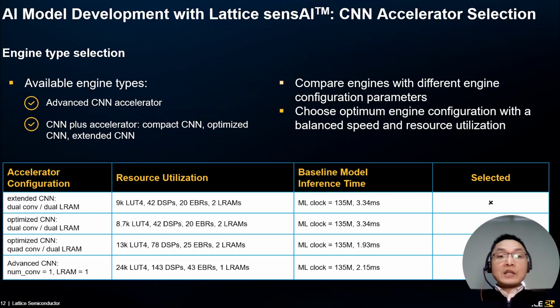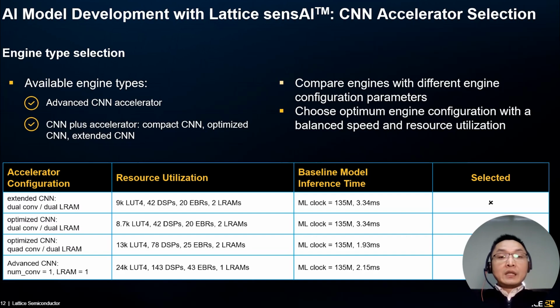In our color sorter AI solution design, we prepared engines with different configuration parameters by running the same model on them. Some of the comparison results are also shown in this table.